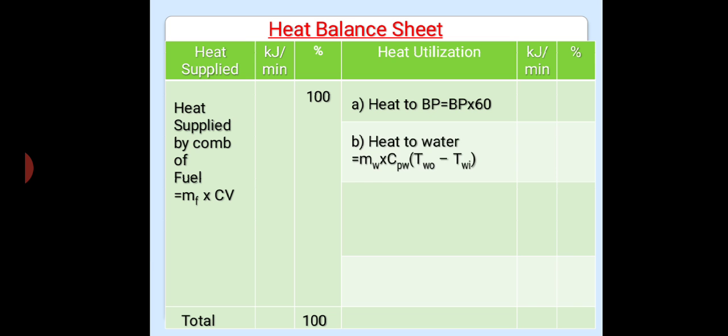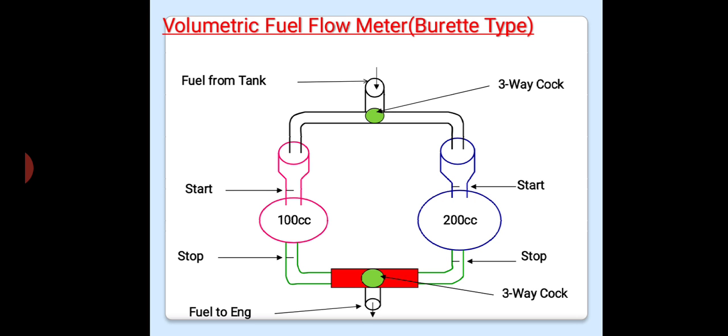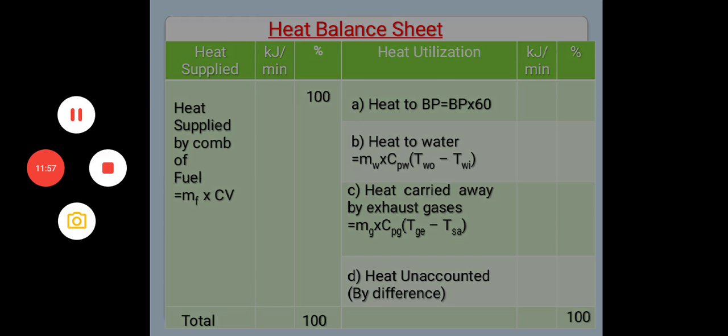Now we are going to plot the heat balance sheet. In the heat balance sheet, on the left side we write the heat supplied by combustion of fuel, which is calculated by Mf into Cv.